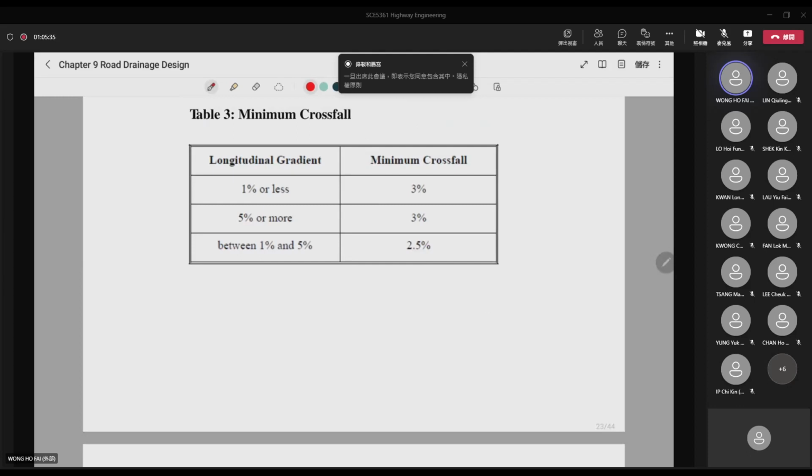Because if the cross fall is larger, then it can help to drain the water away, then you can increase the so-called gully spacing. And between 1% to 5%, it's recommended that the minimum cross fall is equal to 2.5%. So this is the requirement from the guidance notes.